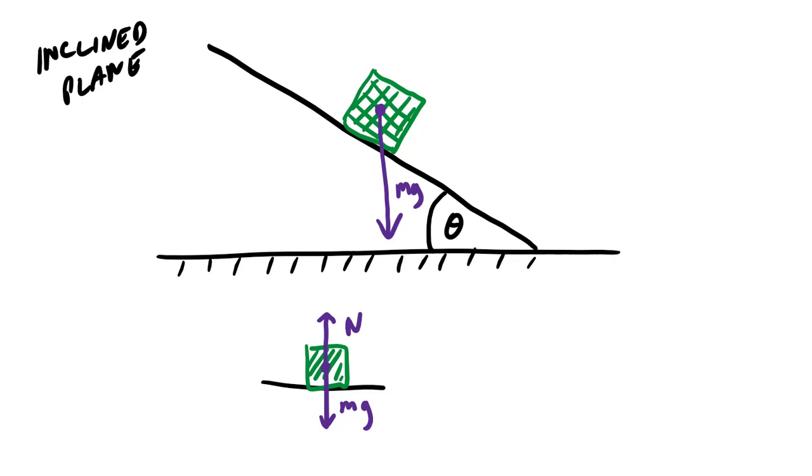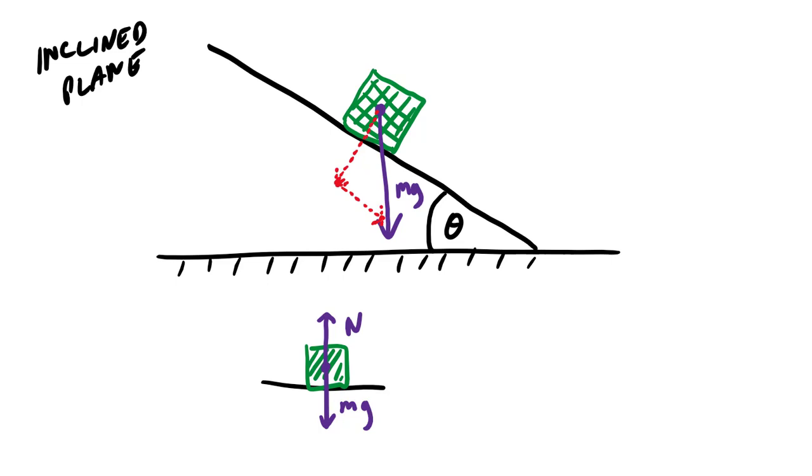The force that the plane pushes out on this box reacts to this force here, the perpendicular component of the gravity force. And there's also another component, this one here. I'm just splitting it into its two orthogonal components: one acting into the plane, and one acting along the plane.